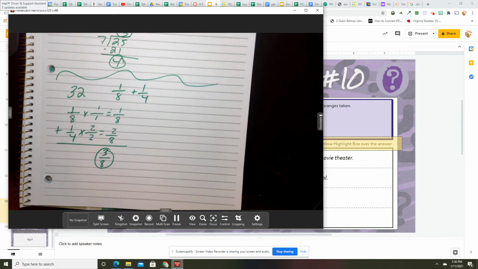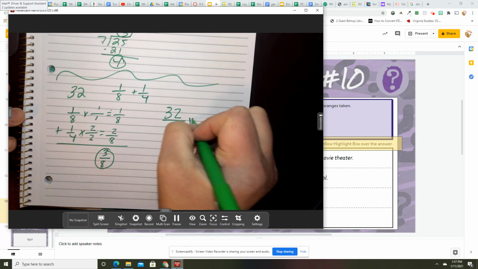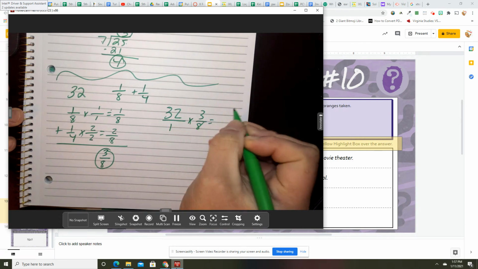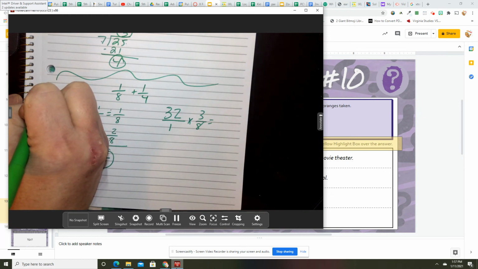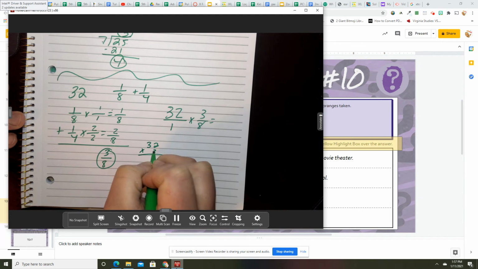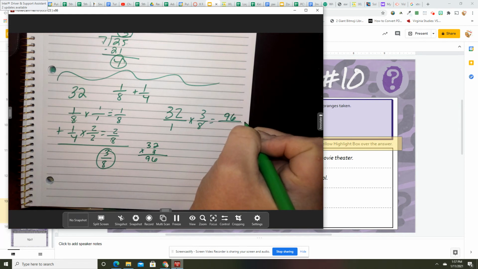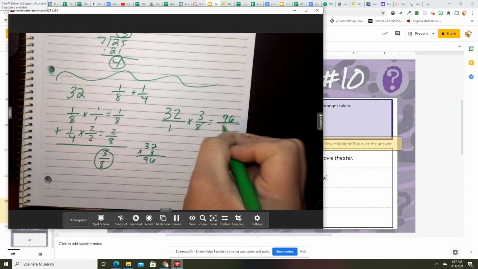So 3/8 of the oranges have been taken. So you take 32 over 1, times 3/8. 32 times 3: 3 times 2 is 6, 3 times 3 is 9, so the top of that is 96. And then 1 times 8 is 8.